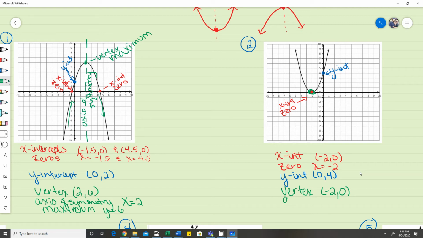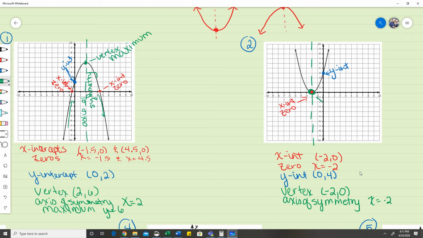So our axis of symmetry is going to go through x equals -2. So I could draw that axis of symmetry in right here, and it goes through that vertex. And in this case, we have a minimum.